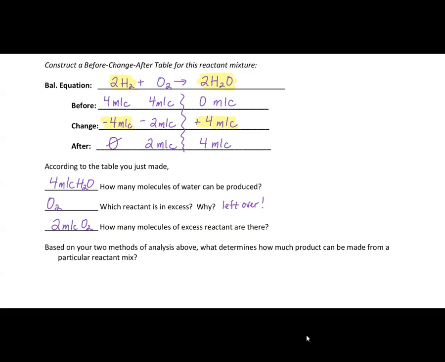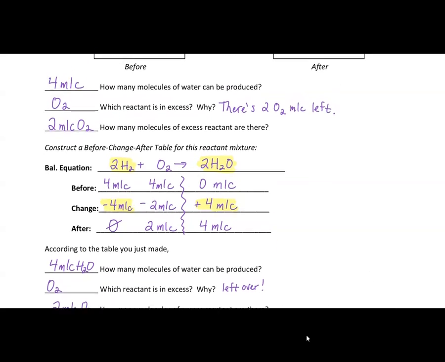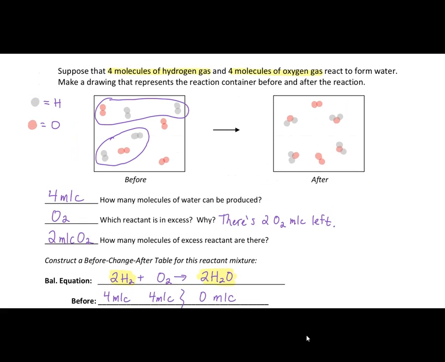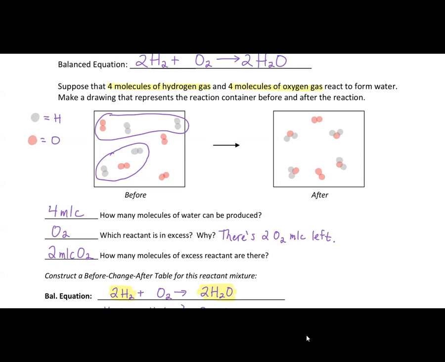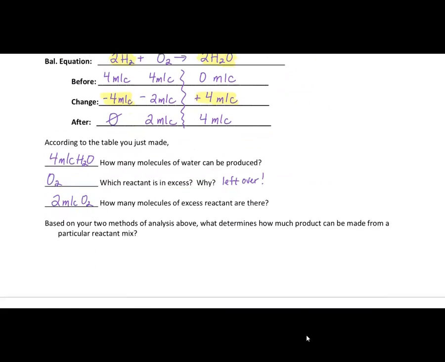Then our final thing here is based on the 2 methods of analysis before, what determines how much product can be made from a particular reactant mix. We've also talked about this already. It doesn't matter whether we're looking at the particle picture here or whether we're looking at the BCA table.